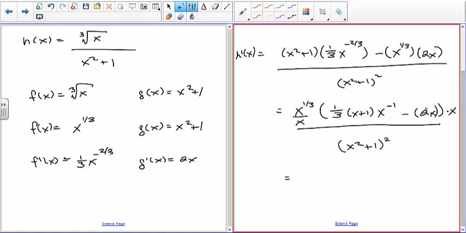I'm going to take this x and multiply everything in there, and this will be x to the -2/3 power, because I've got x to the 1/3 minus x to the first power. This gives you that, and so what I'm left with is 1/3 times x plus 1, and so x to the -1 times x is 1, and 2x times x is 2x squared.